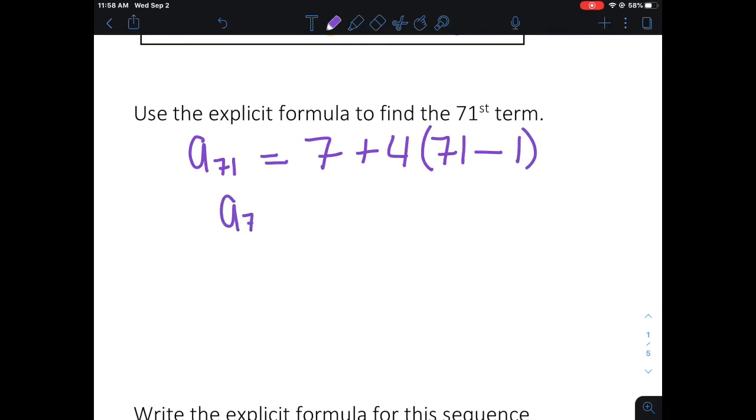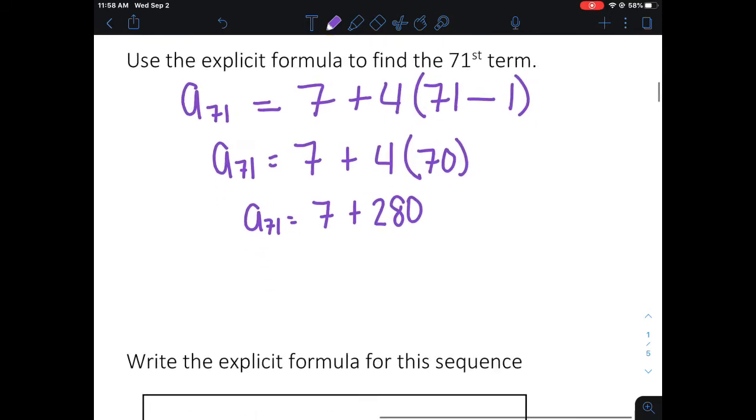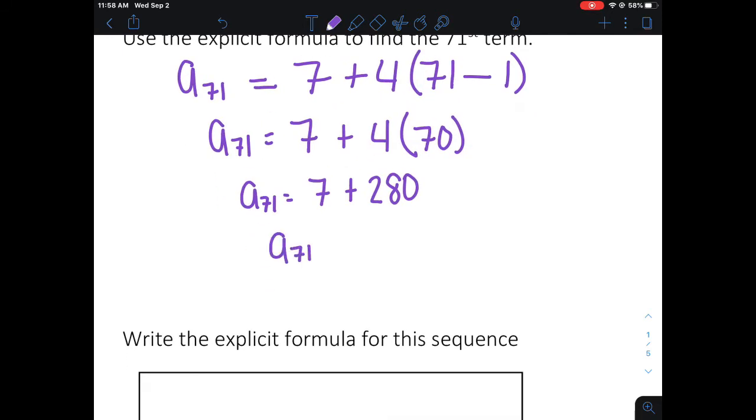And then we just simplify: 7 plus 4 times 70, 7 plus 280, 287.